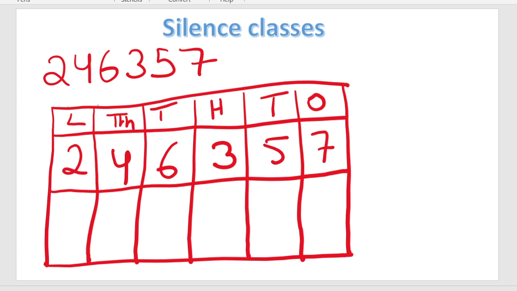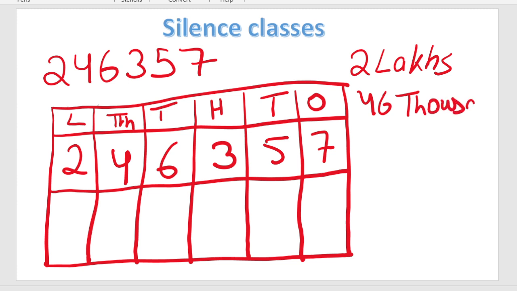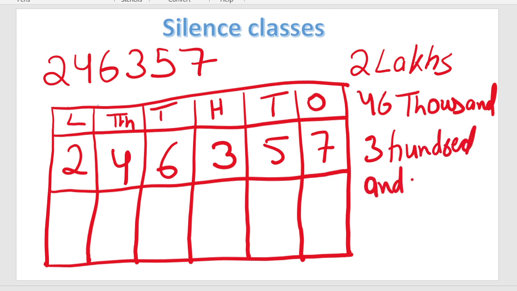While putting digits in this place value chart, we can write it in the form of a number name like 2 lakh 46 thousand 3 hundred and 57. If you want, you can write it in words also.